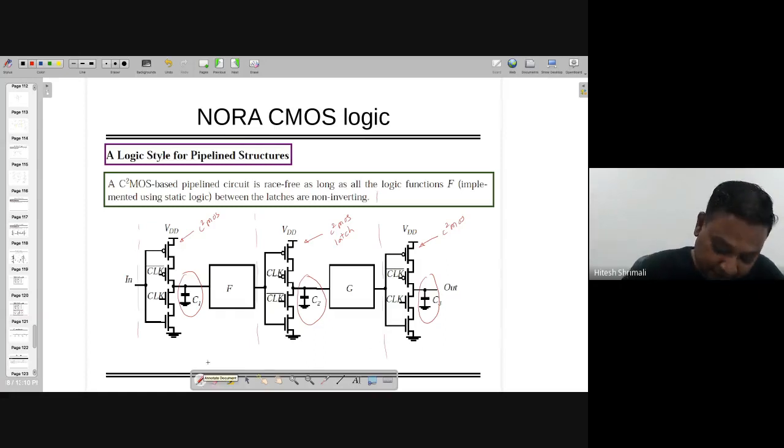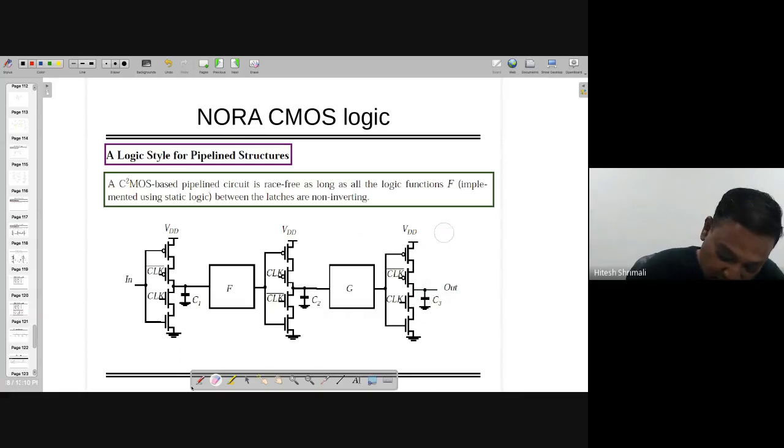So what is going to happen? Let's see. Let's start from the first case, where we have clock equal to 0. If clock equal to 0, this transistor is on. Sorry, clock bar equal to 0, I would say. I made a mistake over here. If clock equal to 1 and clock bar equal to 0, then both the transistors are going to be on, right?